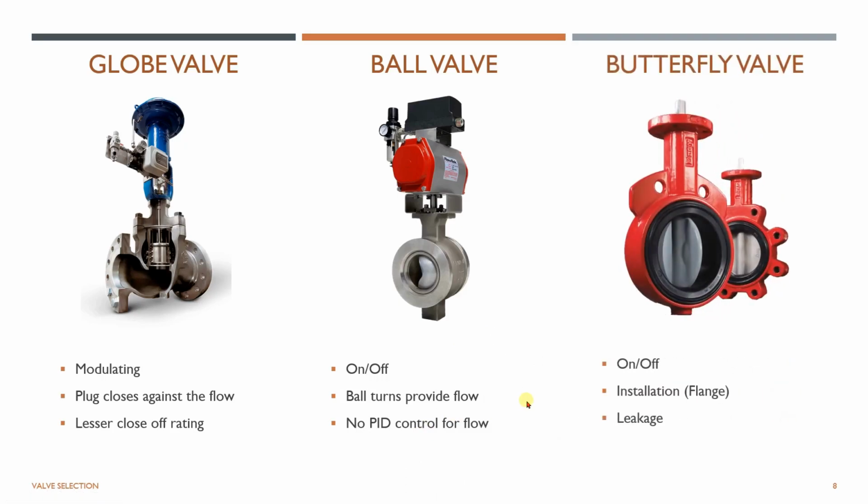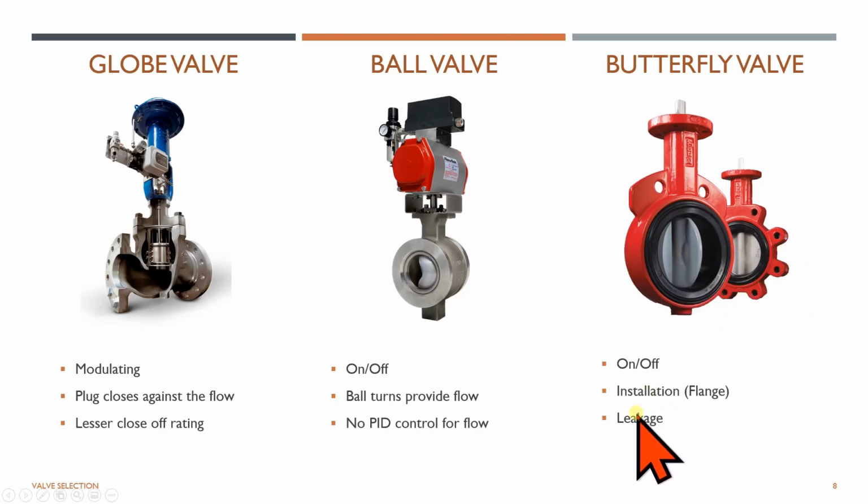Next is the butterfly valve. These are used in on-off applications as well. The installation is usually flanged, which you see here. So this takes less space across the pipeline compared to the ball and the globe, as this is just a flat plate or flap which opens and closes for the flow.